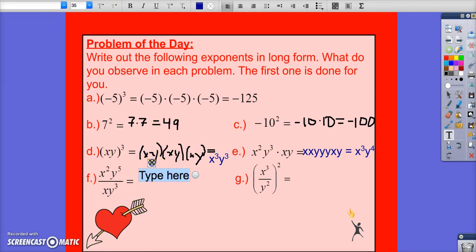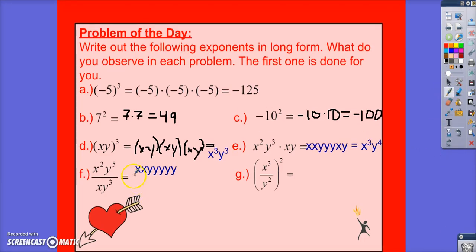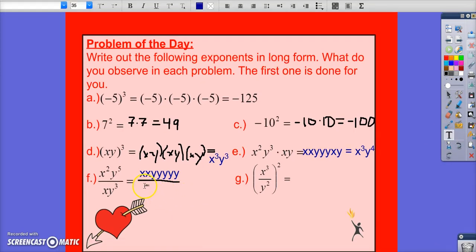The top, I'm going to get x, x, and then 5 y's. That's all over x with 3 y's.